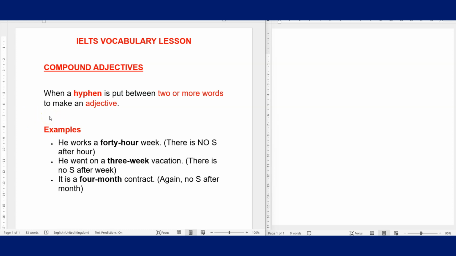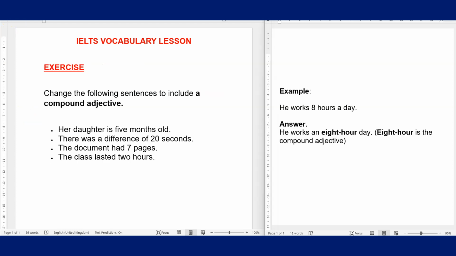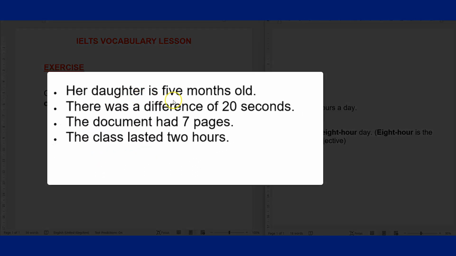I want you to change the sentences I'm going to give you now to include a compound adjective. Your exercise is to change these sentences to include a compound adjective.